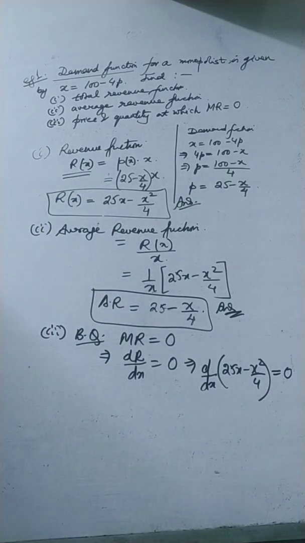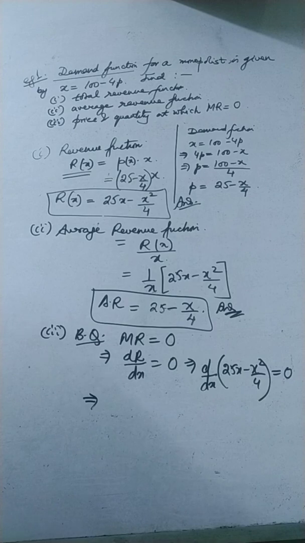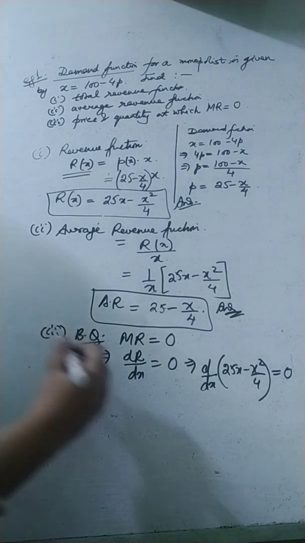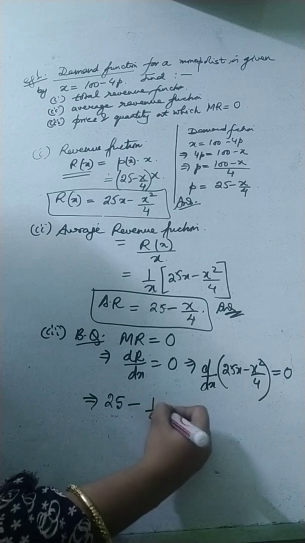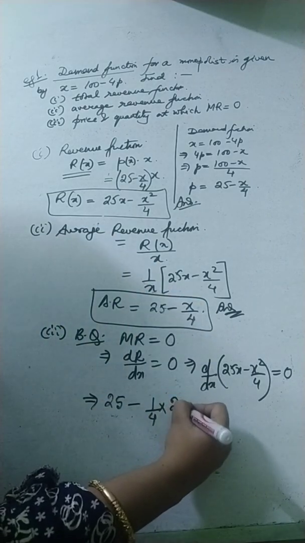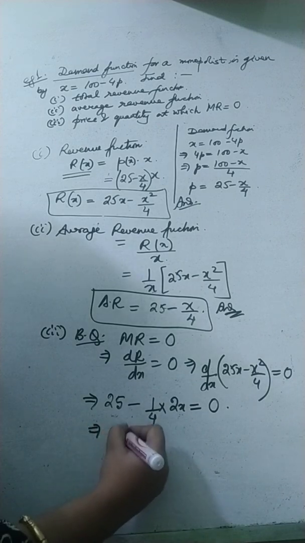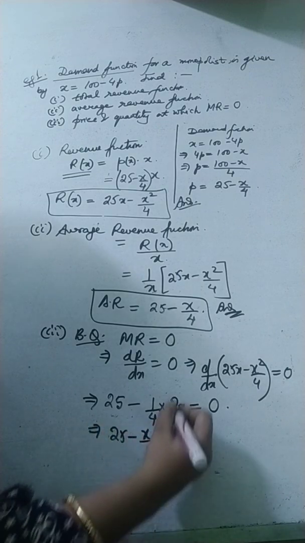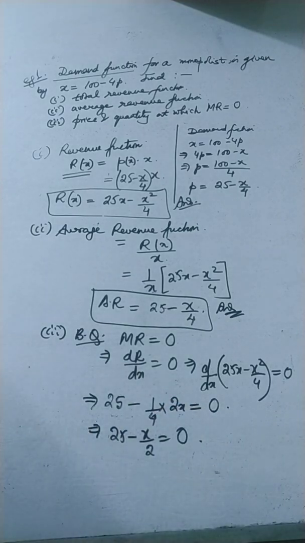I suppose you know how to differentiate. d/dx of 25x will be simply 25, minus 1/4 as it is times d/dx of x², which is 2x, and that has to be equal to 0. In other words, 25 - x/2 = 0, because 2 and 4 will cancel. So what is the value of x? 50, isn't it?